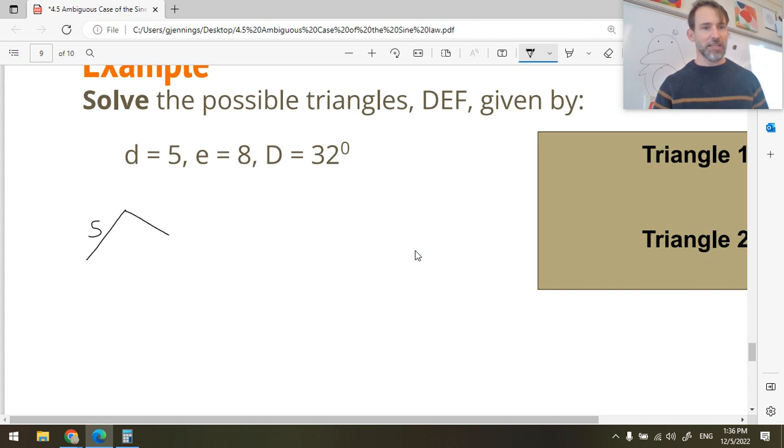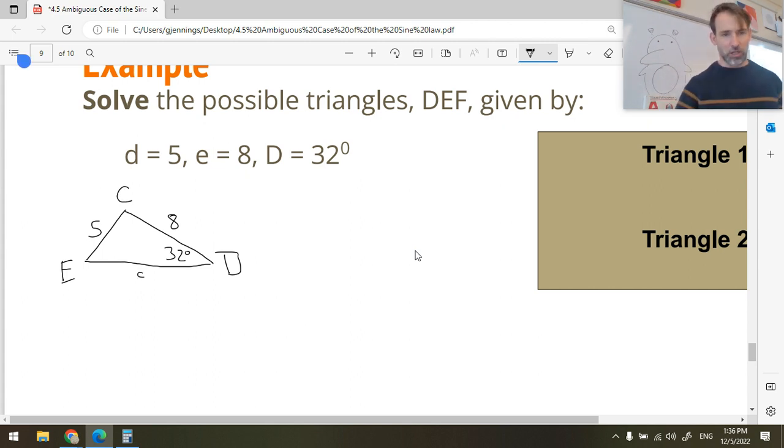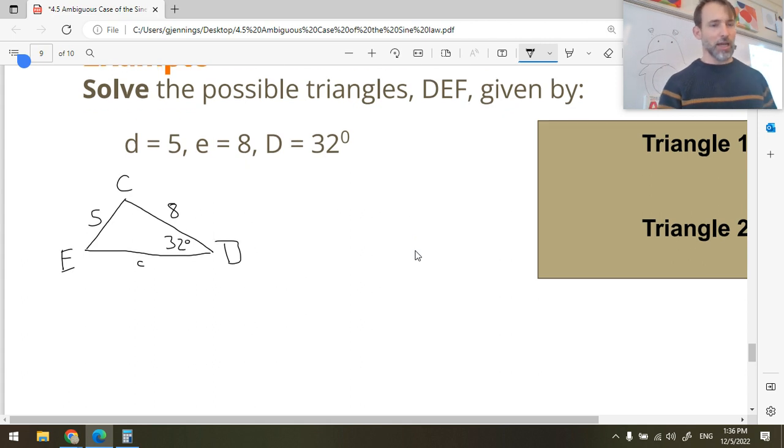Here is side 8. We'll draw it leaning out that way. That's 8. And then this angle in between here would be 32 degrees. Let's label that big angle D. That almost looks like a B, but it's the big angle D. This side is E, so this is angle E over here. And then we'll call this C. C, and this is side C down here. All right, let's go.